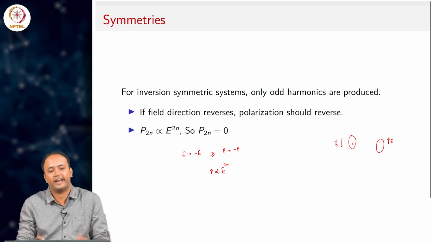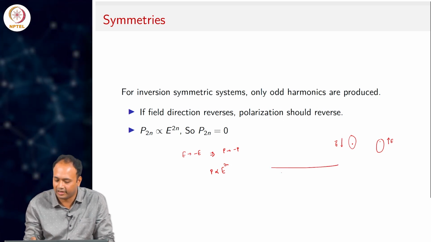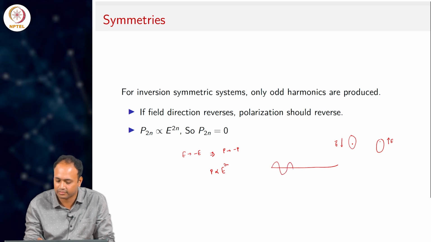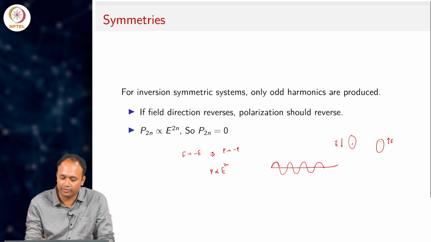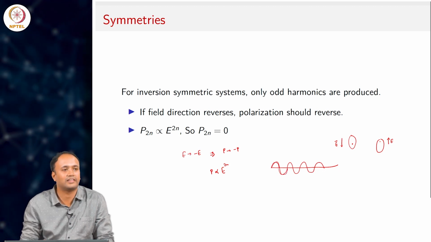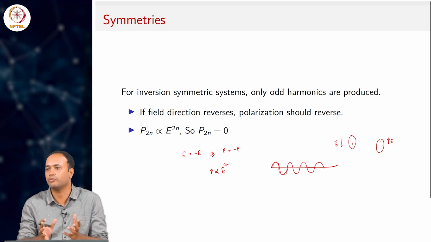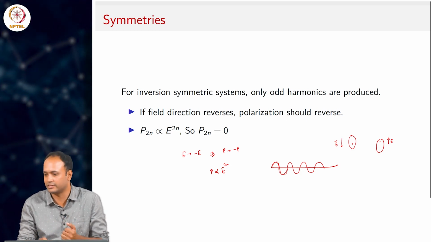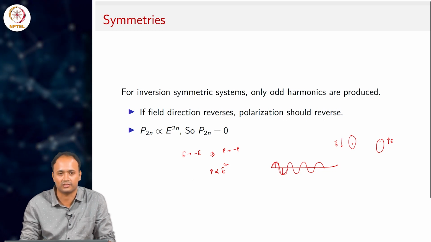Another way to understand this is if I have a driving field which is like this, right? Now this half of the cycle does exactly the same as this other half of the cycle. If there is nothing to break this symmetry, the system has inversion symmetry, whatever this does is the same as whatever this does.